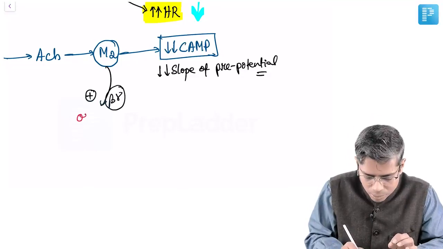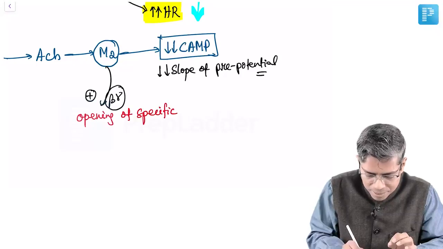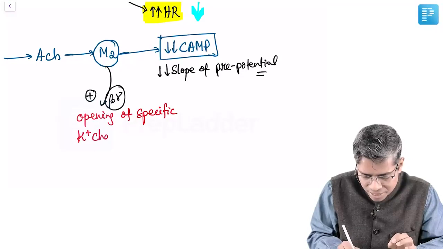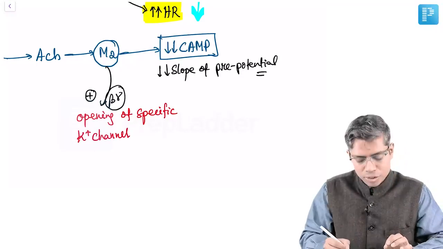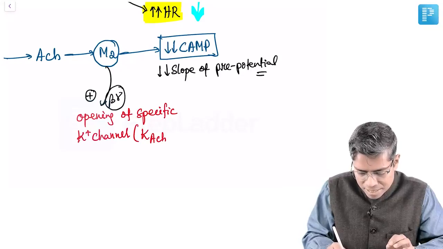So I'm writing here: opening of a specific potassium channel on nodal tissue only. This potassium channel is known as the KACh channel.